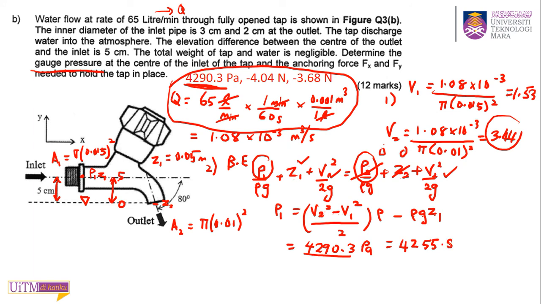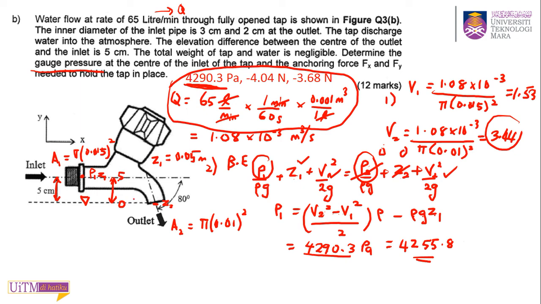Yes, point 8. So this sama lah. So maybe they take 1.53 something ke 3.44 ke. Okay, sama je, don't worry about that. Okay, just decimal places maybe kat Q pun boleh berbeza juga kat sini, so don't worry about that.